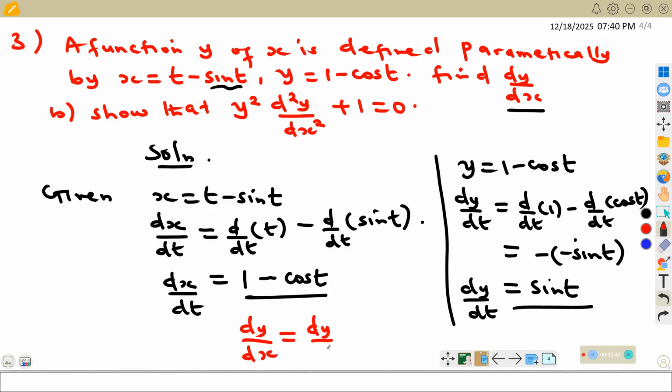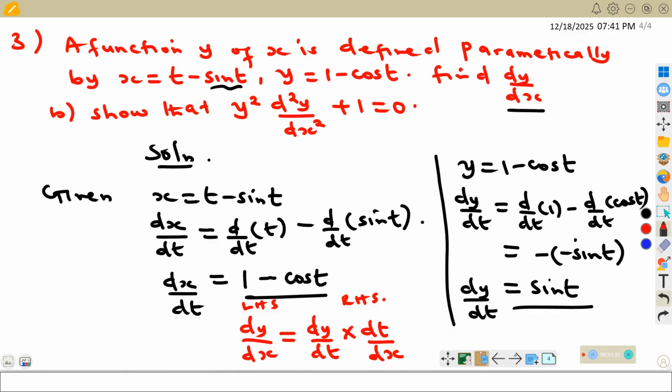We shall have dy/dt times dt/dx. You should be able to see that this dt and this one must be able to cancel, such that the left-hand side is equal to the right-hand side. If you have dy/dt, you must multiply by dt/dx, such that even if this one cancels, you still remain with the same expression. So don't put it as dy/dt then dx/dt. That one will be representing something else. So we have dx/dt, we have dy/dt.